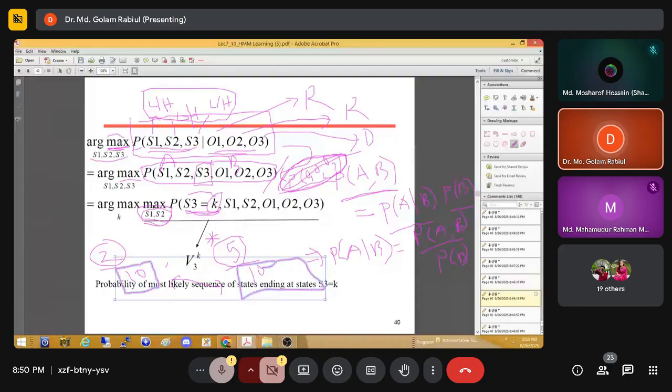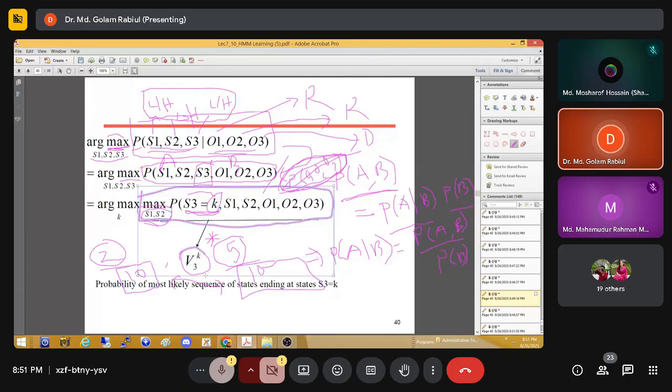So for simplicity, let's say this part is our V3 of K. V3 of K, why is it 3? Because we have state 1, state 2, state 3, observation 1, observation 2, and observation 3. The highest number here is 3, so that's why 3.